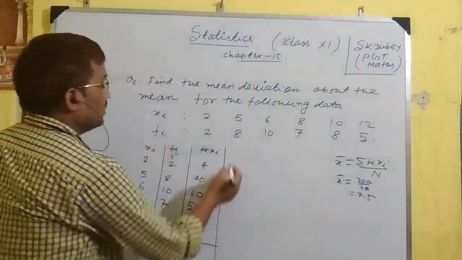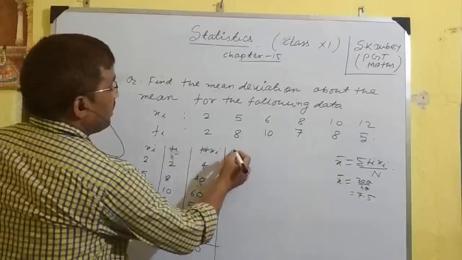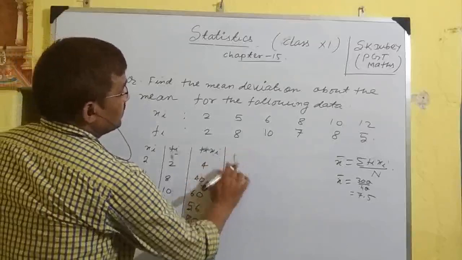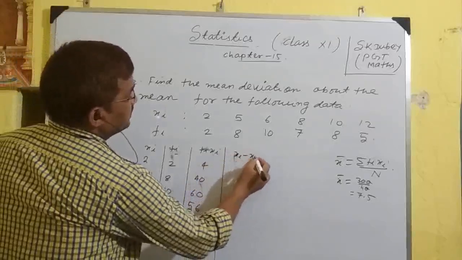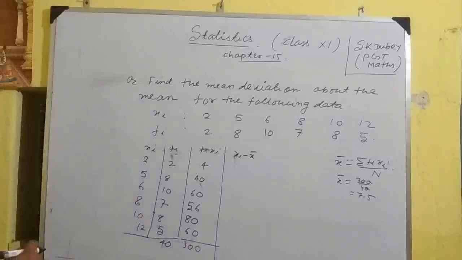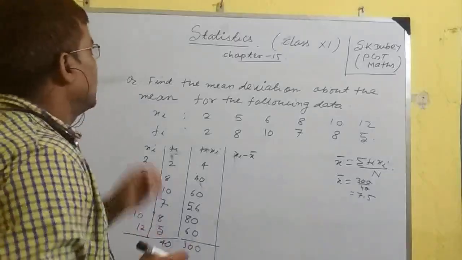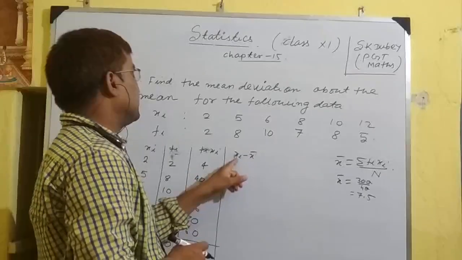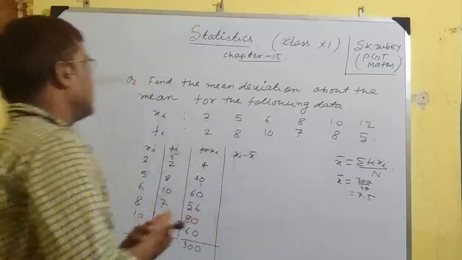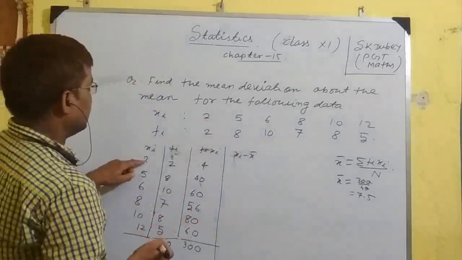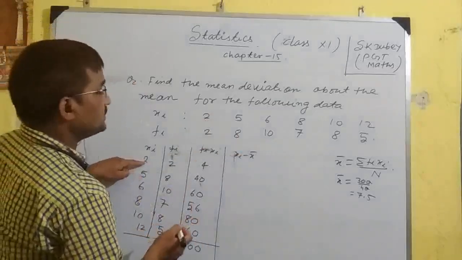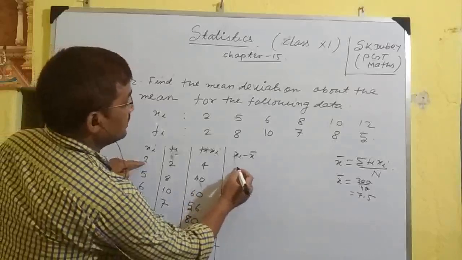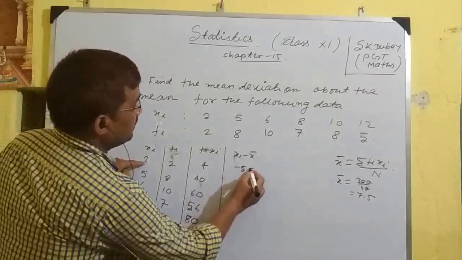Now we will find the modulus of xi minus x bar. xi minus x bar means the deviation of each observation from the mean. xi here is 2 and the mean is 7.5. 2 minus 7.5 is minus 5.5.